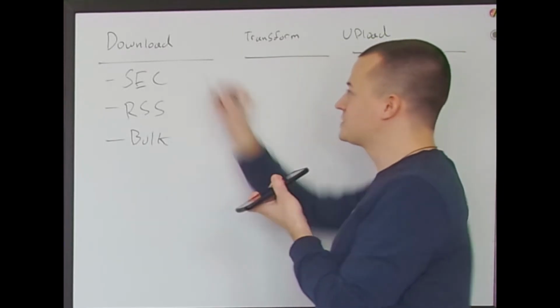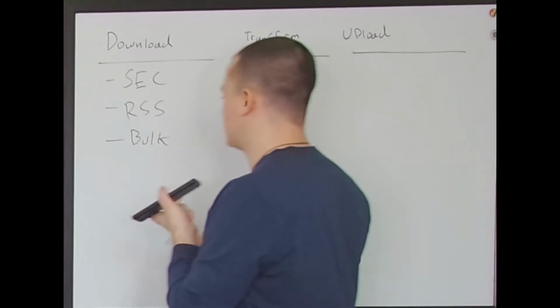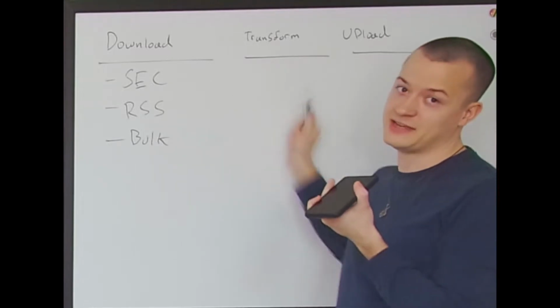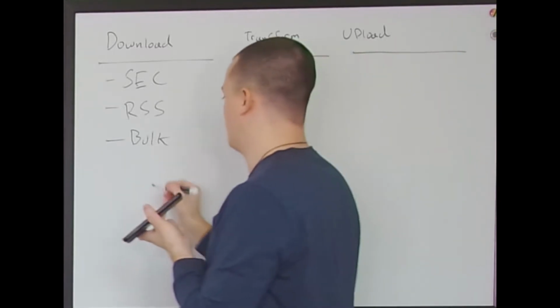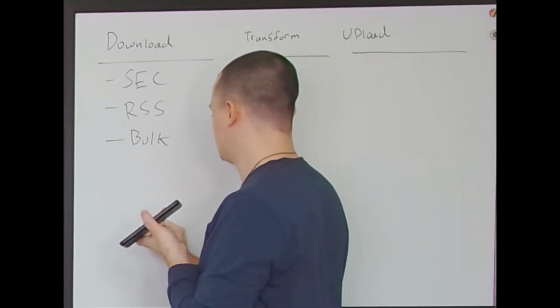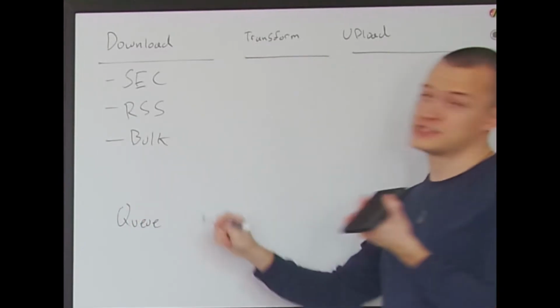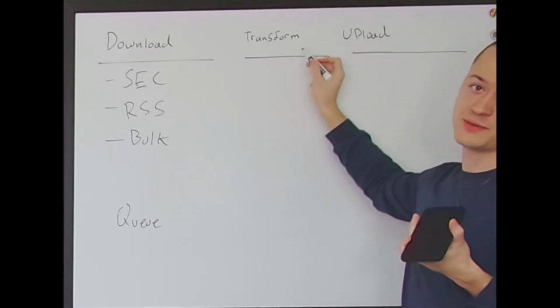And each of these stages has a queue. That's how we implement communication across each of the phases. When something finishes in the download phase, it puts it in the queue. This queue is used by the transform process.